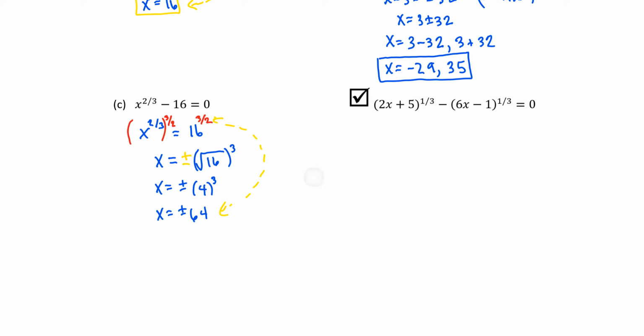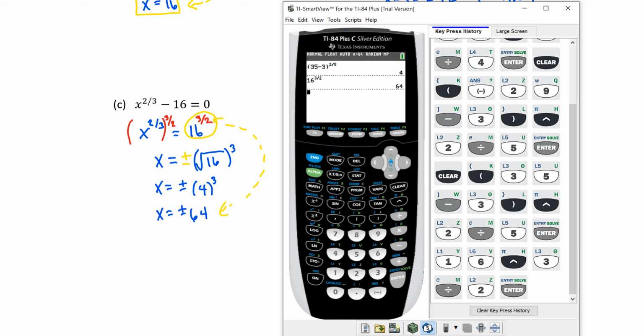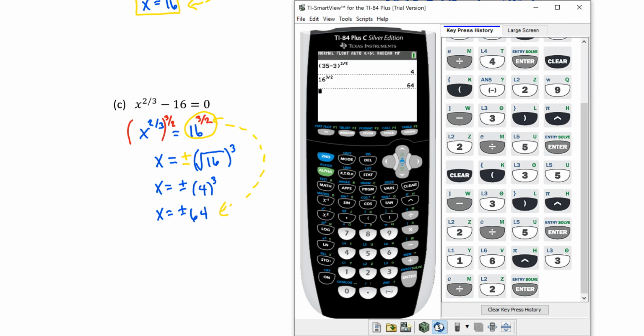One thing I want you to note right here, make sure you understand that is not 16 times the fraction 3/2. It is 16 raised to the 3/2 power, so make sure you evaluate it that way with your calculator, and be careful to write that 3/2 exponent high enough in the exponent so you don't accidentally interpret that as multiplication.